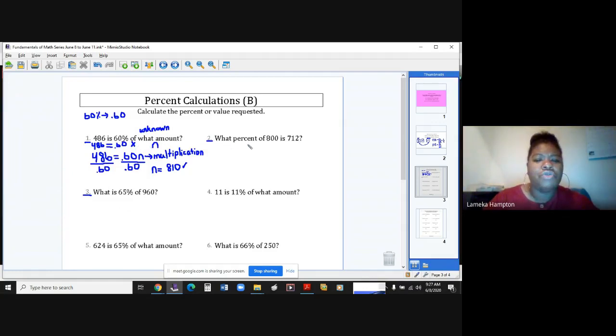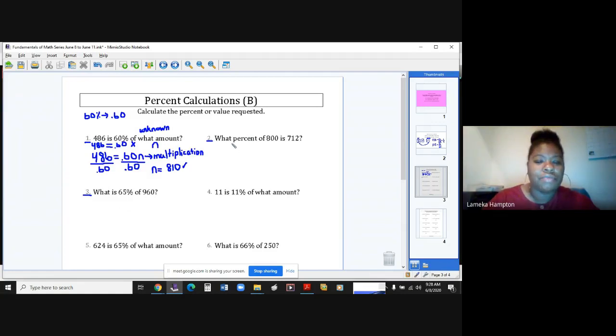For number 2, we have to find the percent. So again, it's very important that you make sure that you are reading very carefully and being mindful of what the directions are asking you to do. Because when certain things are written in different formats, you're not going to follow the same format, okay? That's going to be very, very important.